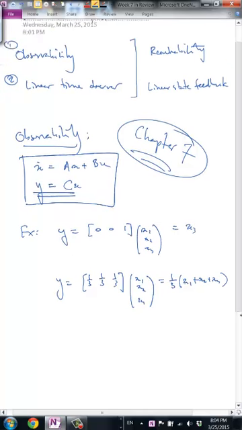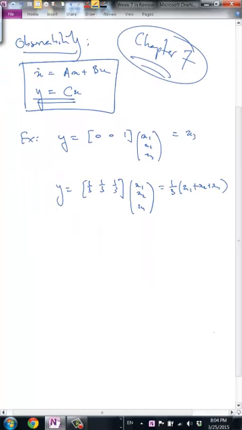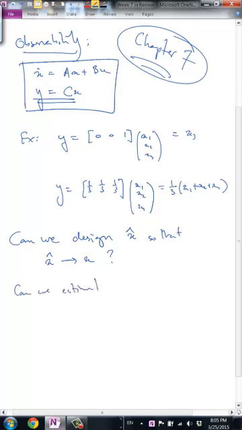So the question is, if you're only allowed to observe something like y, can we design an x hat so that x hat converges to x? This is question 2 above. And also, a very related question is, can we estimate x itself?